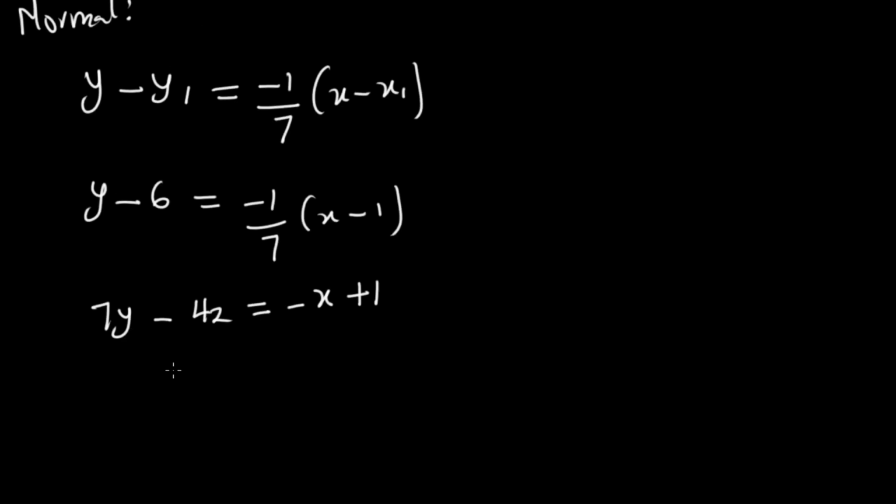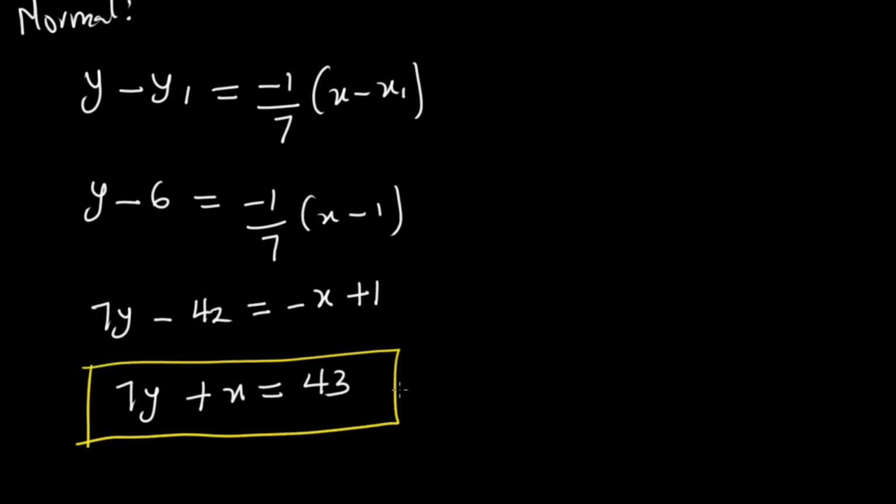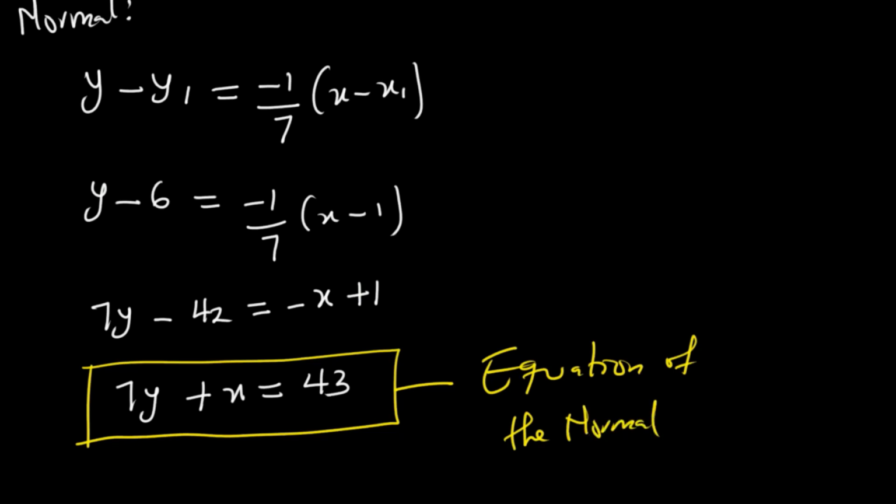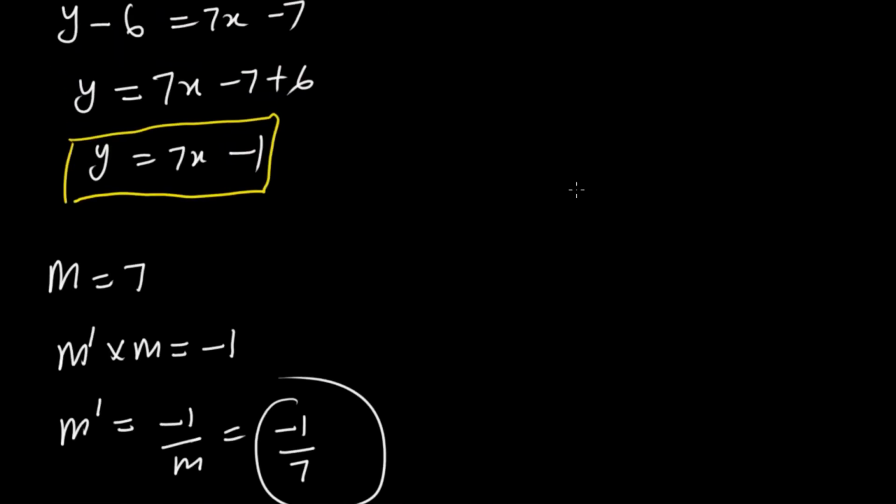From here, I'm going to have 7y plus x equal to 43. And then I have the equation of the normal. So up here, I have the equation of the tangent.